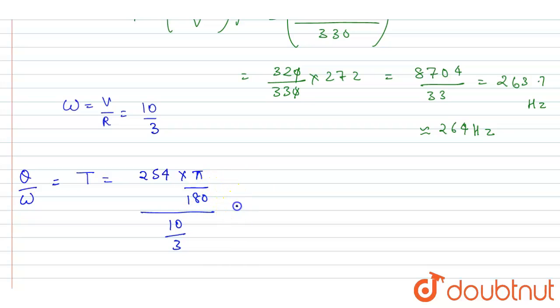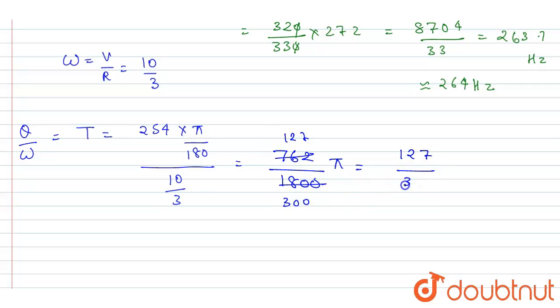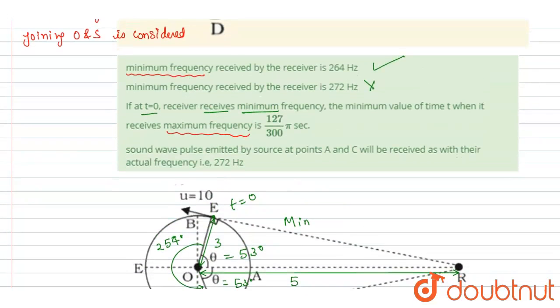Now you can solve it. 254 into 3, so I will write it is 127 by, cancelling with 6, this will be 300. And this will be the time interval. Now the sound wave pulse emitted by the source at A and C will be with the actual frequency.